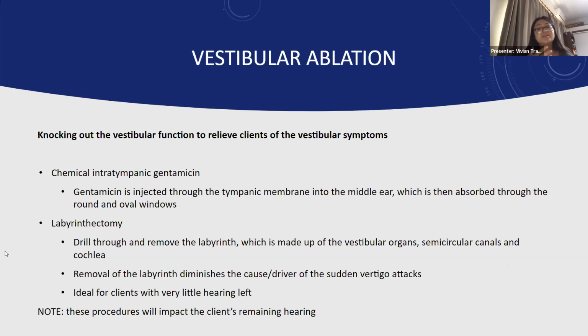That damages the inner ear and the balance organ when it is applied, and that decreases the episodes of vertigo. We can also do a labyrinthectomy, which is a surgery that requires us to drill through and remove the labyrinth, which is made of the vestibular organ, semicircular canals, and cochlea. By removing that, it diminishes the cause and driver of the sudden vertigo attacks.